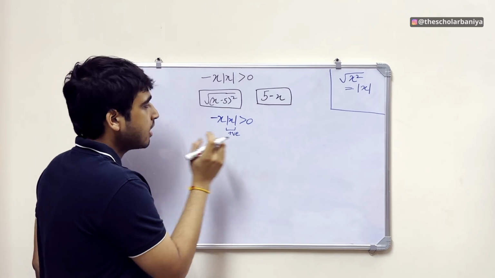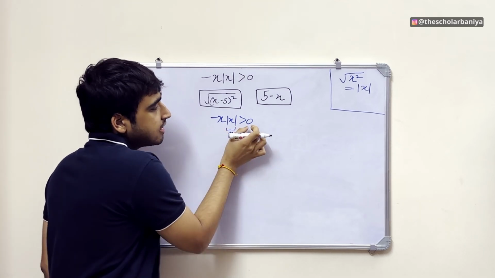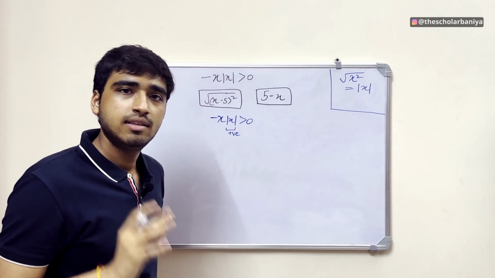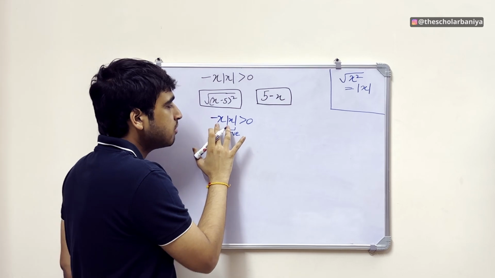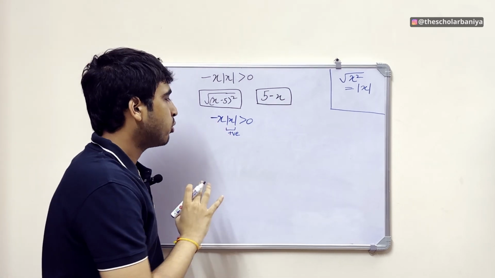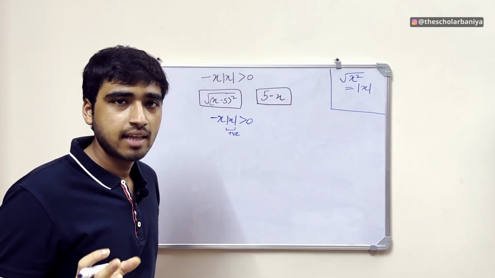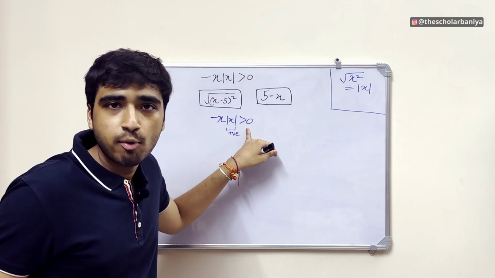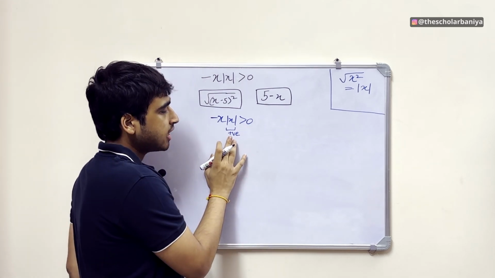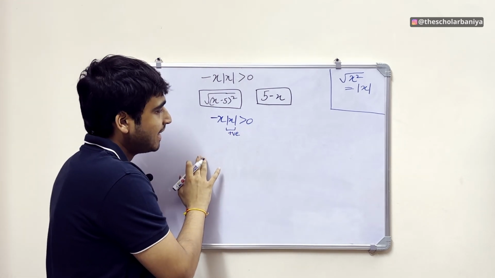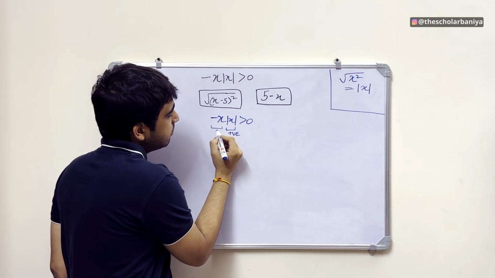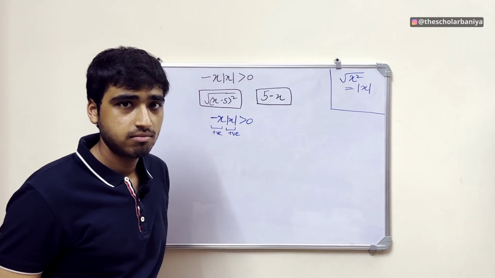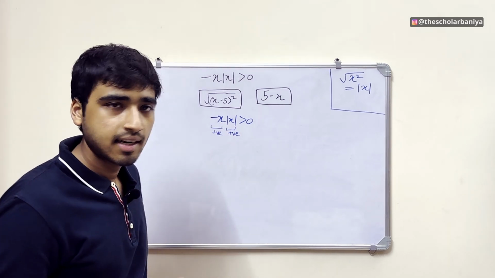Now, if the entire thing is greater than 0, then either both terms should be positive or both terms should be negative. Only in that case can the entire thing be positive. But we also know that this is positive, so it automatically means that this term will also need to be positive. That is the only case that can happen.